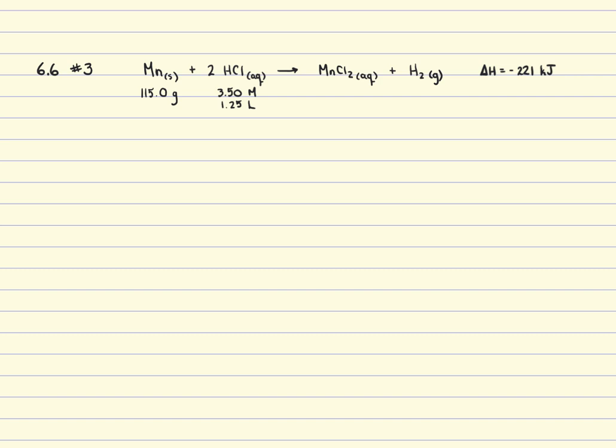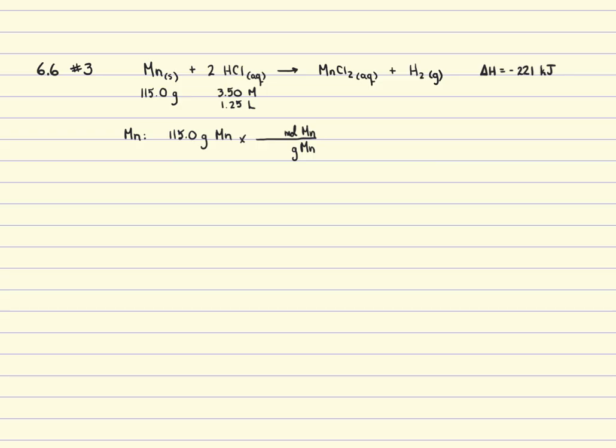So first things first, I'm going to work with what I've got. So for manganese, we have 115 grams of manganese, and using your dimensional analysis, you're going to say grams of manganese, and we want moles of manganese.